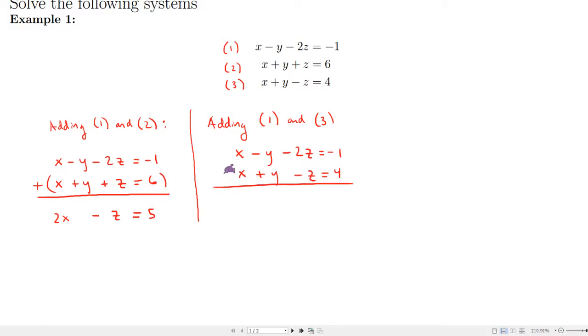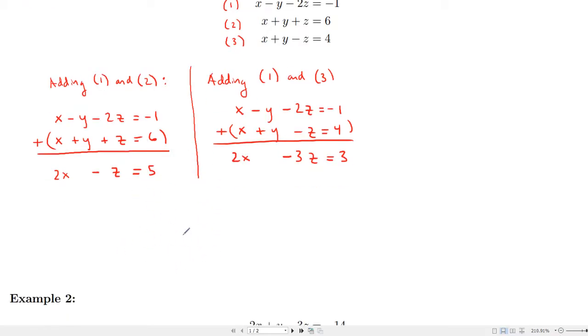If we add these two, we're going to have 2x, no y's, but then we'll have minus 3z is equal to 3. Now look, we have 2 equations, these 2 right here, that only have x's and z's. So how do you solve this system? If we can figure out what x and z are, then we can figure out what y is.